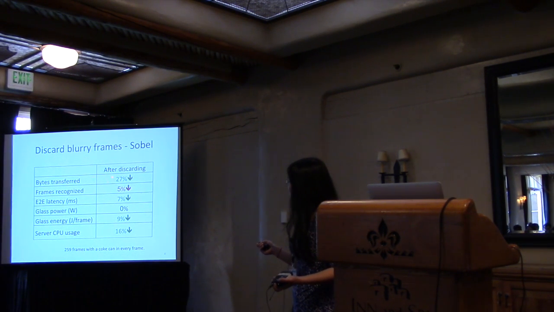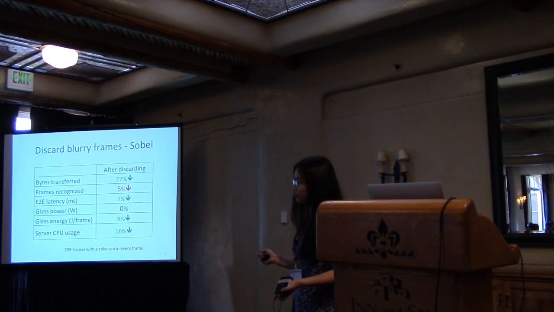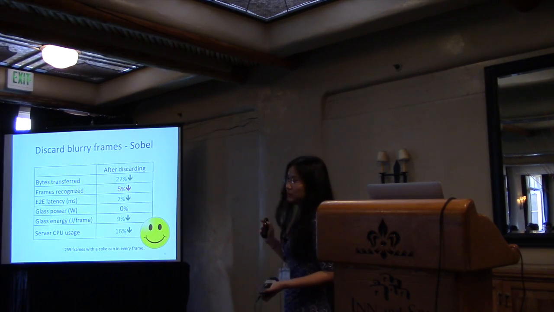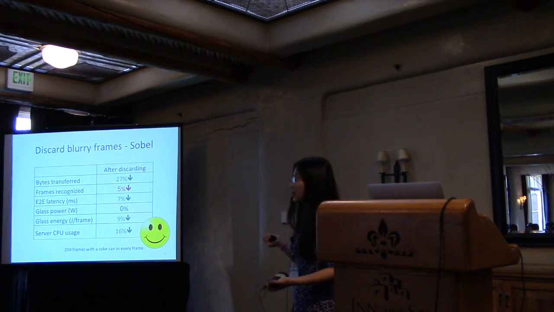As we can see, now we're transmitting 27% fewer bytes, end-to-end latency goes down by 7%, and we're consuming 9% less energy for each frame on Google Glass. The server CPU usage also goes down by 16%, and the cost is only 5% accuracy loss. So this may not look as good as the perfect blur detector, but it's also giving us all the benefits we want with only a little loss of accuracy.